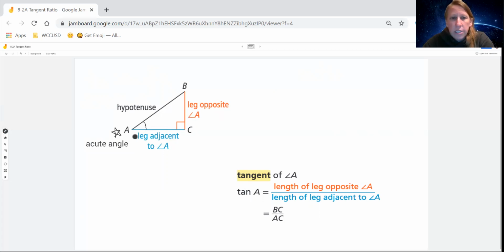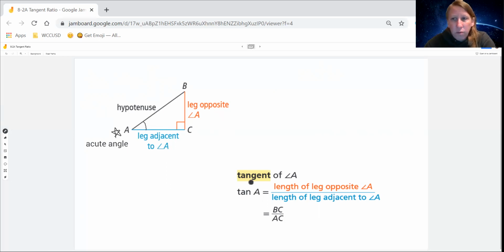We're going to label which leg is next to it, that's called adjacent, and which one's the hypotenuse. The hypotenuse is always the one across from the right angle. That will be the first step on practice problems we do, and the first step when you get to your final, when you have a problem like this.